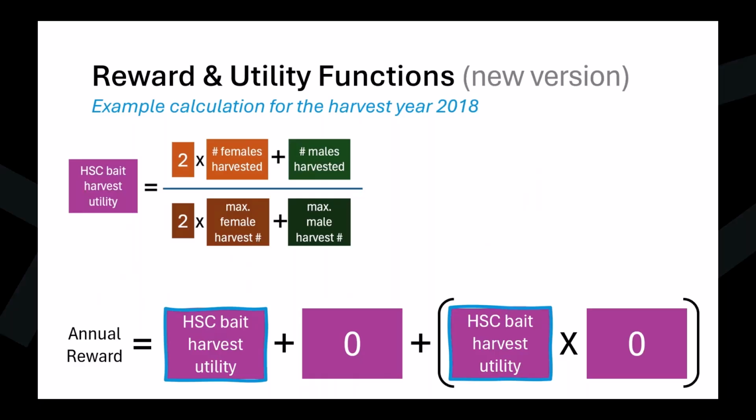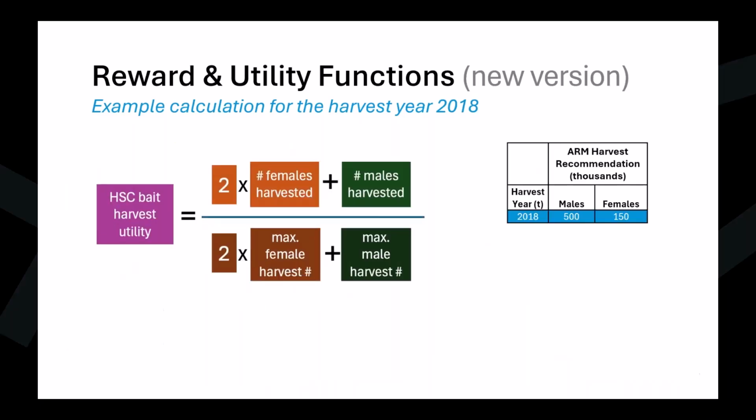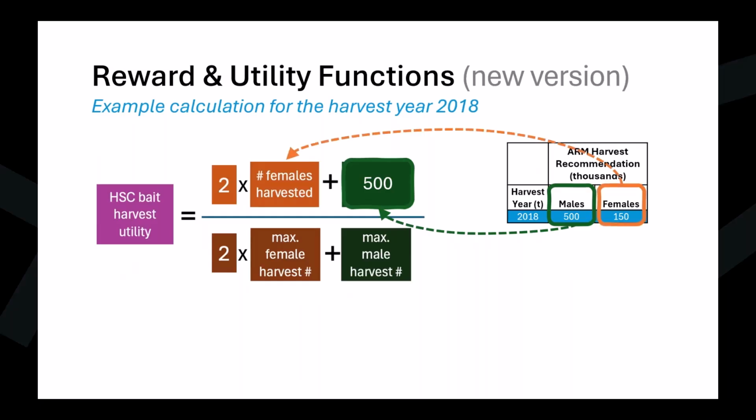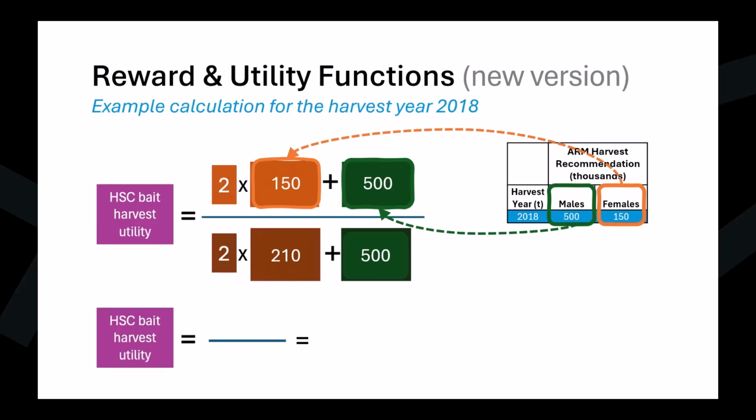So we're going to plug in the number of females that were recommended to be harvested, the number of males, multiply, let's do the number of males. 500,000 was the recommendation. For females, 150,000. So then on the bottom, we plug in the maximum possible values, multiply and add, and then divide, and we come up with 0.87.